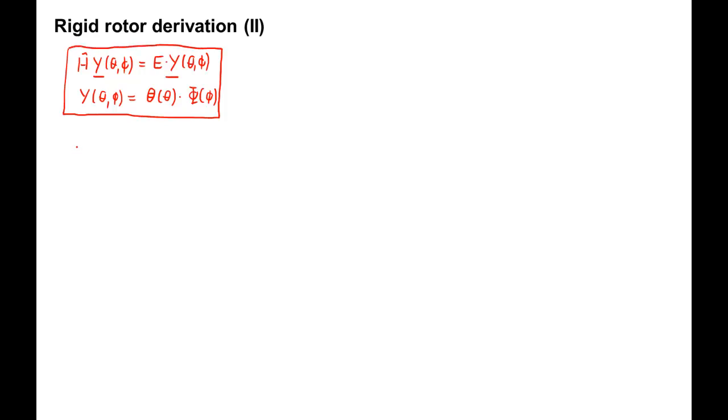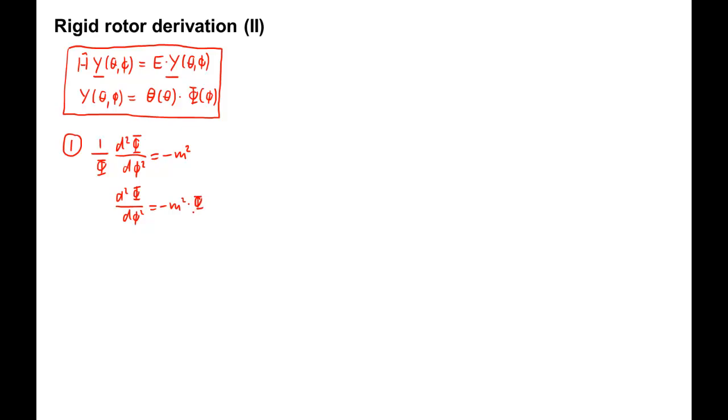These two equations were one for φ and one for θ. The first equation, the one for φ, is fairly simple: 1 over Φ times d²Φ/dφ² equals minus m². This can be rewritten as d²Φ/dφ² equals minus m² times Φ.